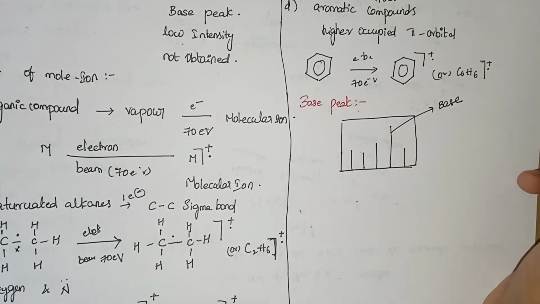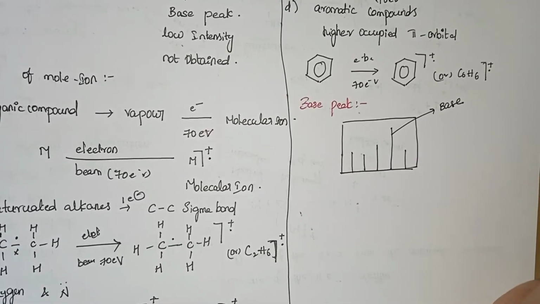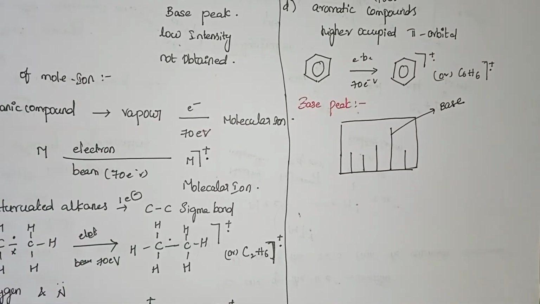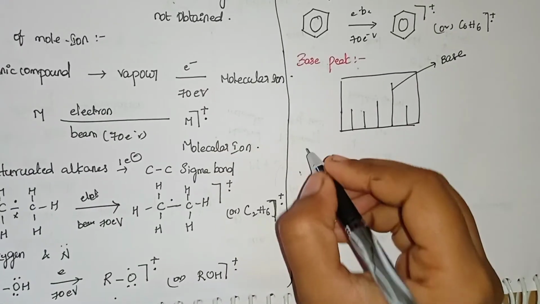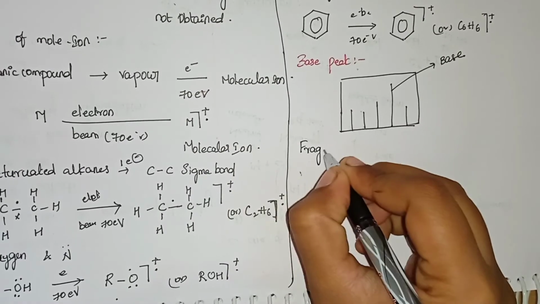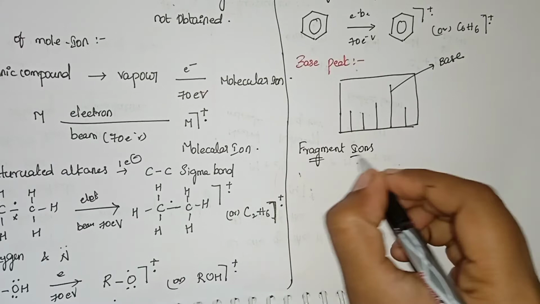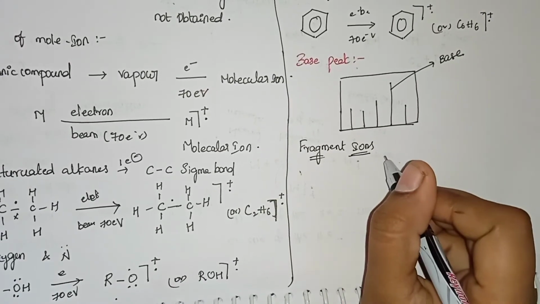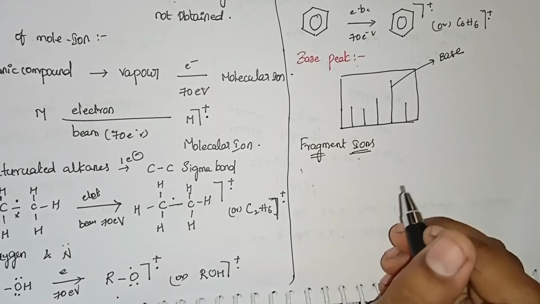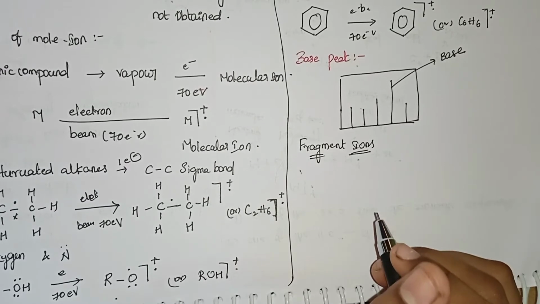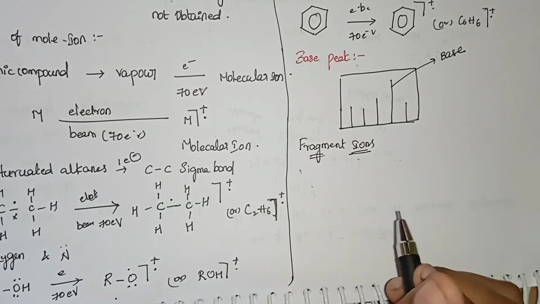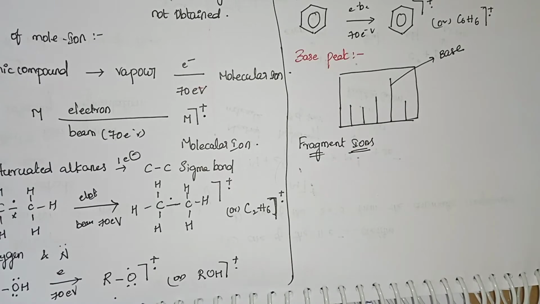The base peak may be due to the molecular ion or a fragmented ion. So what is a fragmented ion? It is also called a daughter ion. The m/e value of the molecular ion is equal to the molecular weight of the substance.